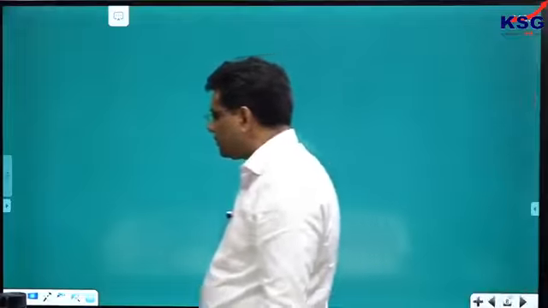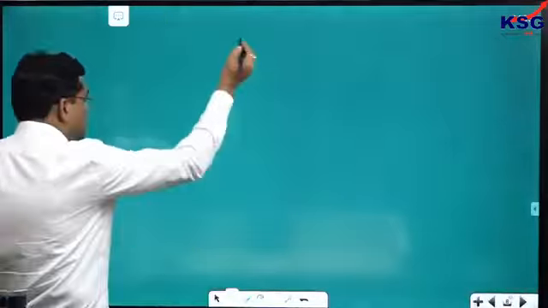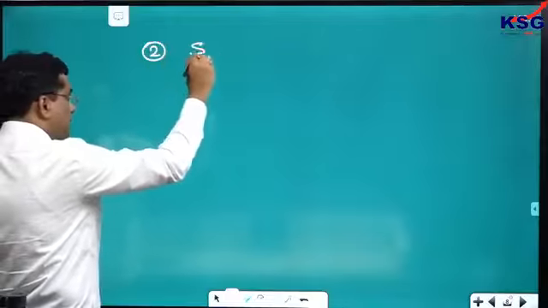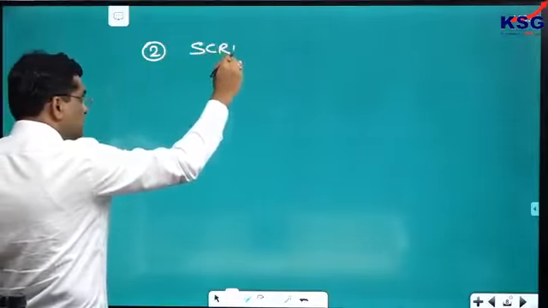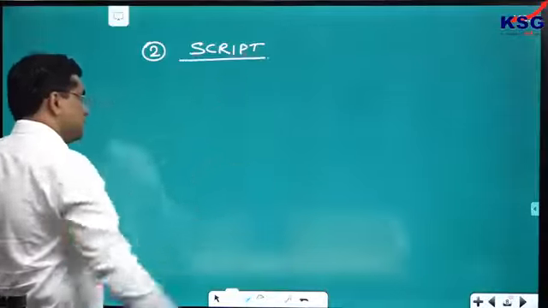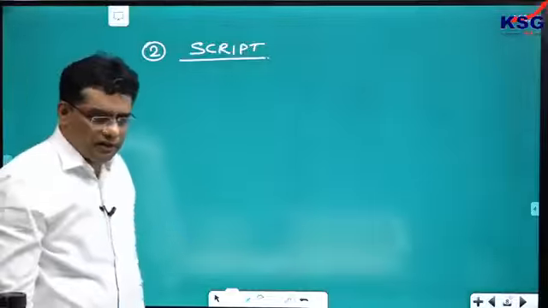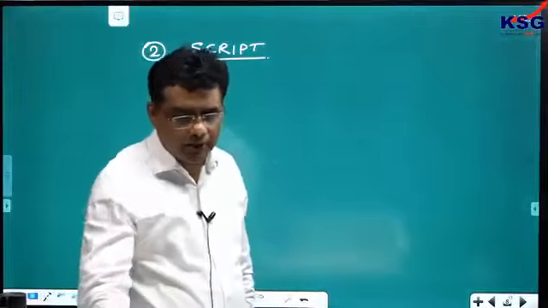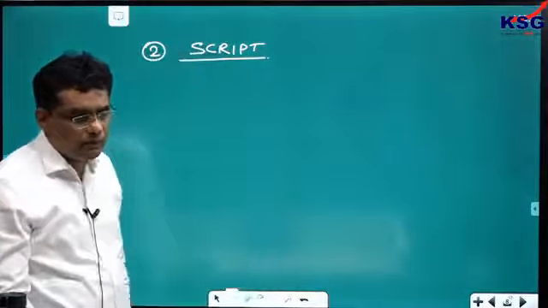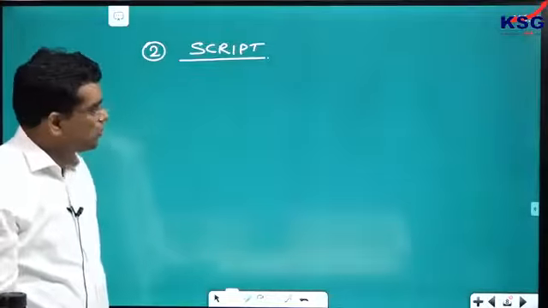Next point is that these Harappan people had a script. The second characteristic is script. They knew how to write, so perhaps they had learned the art of writing.